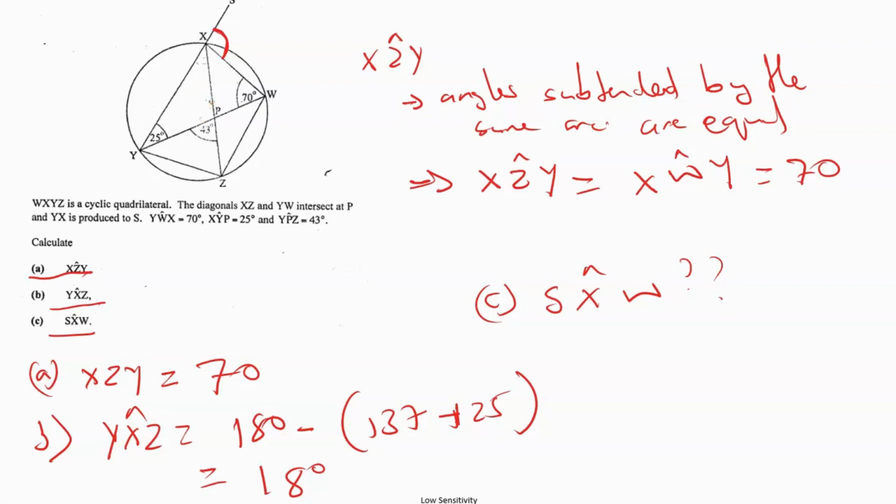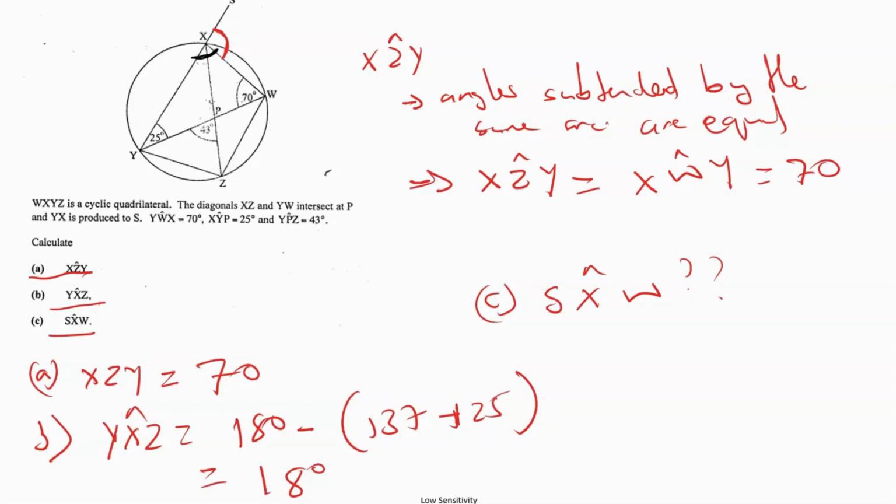So how can we find this? There are two ways that we can find this. We know that this is a triangle XYW, and the total for a triangle is 180.